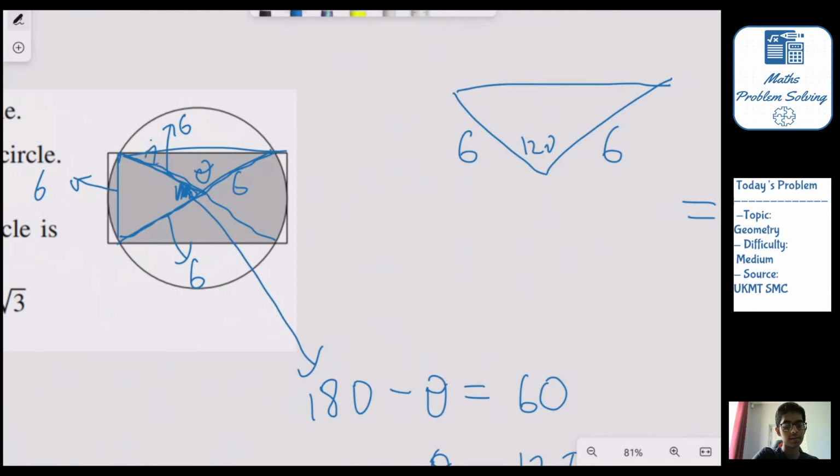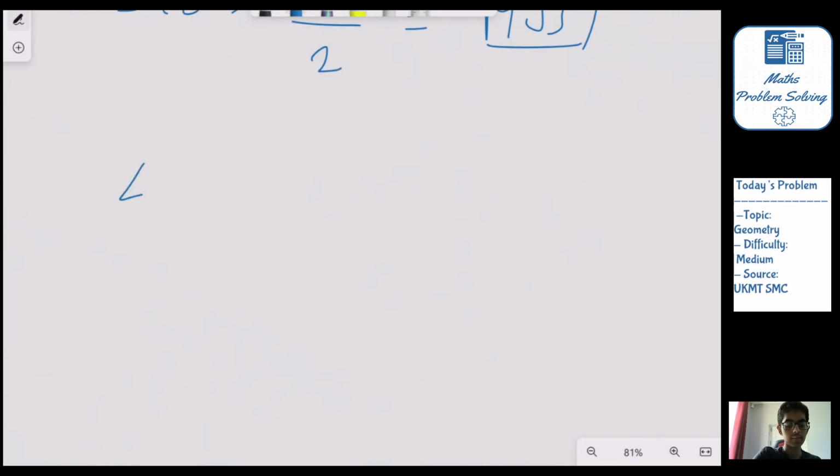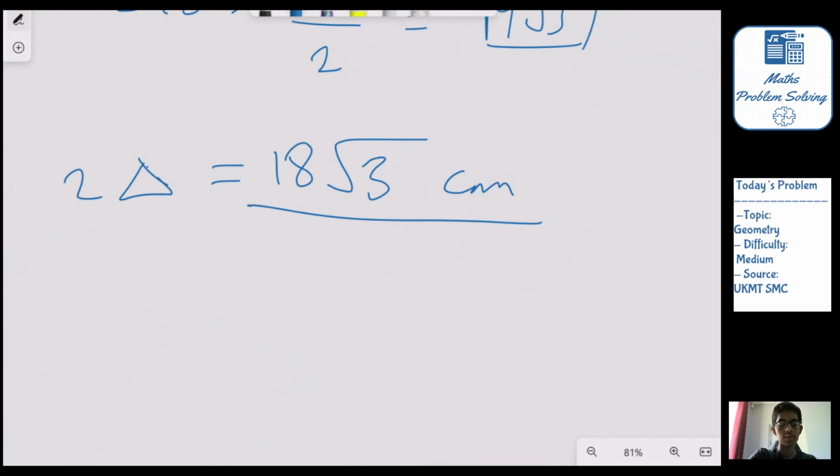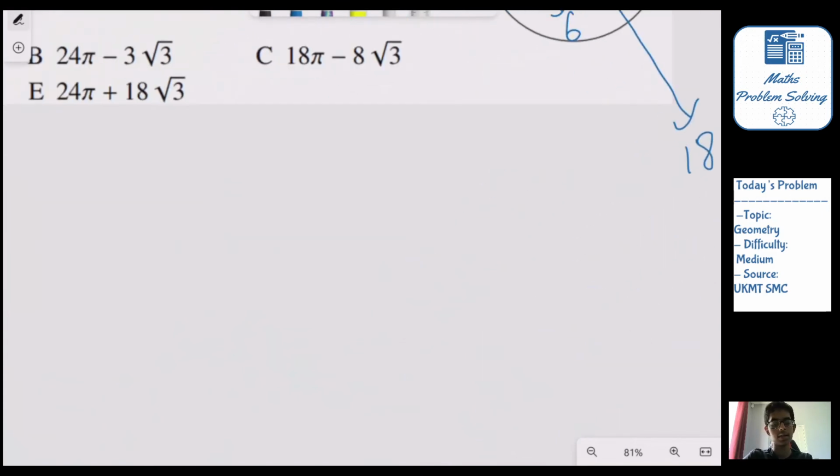Now, the area of the opposite triangle would just be the same. So therefore, the area of both triangles equals 9 root 3 times 2, which is 18 root 3 centimeters squared. We'll come back to this a bit later in the question. Now let's work out the area of the sector, okay?